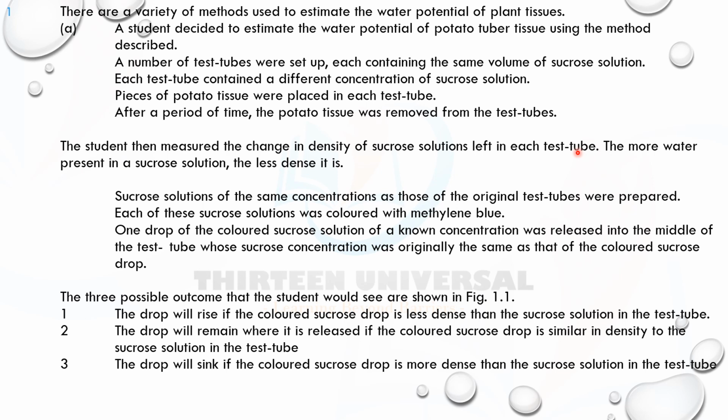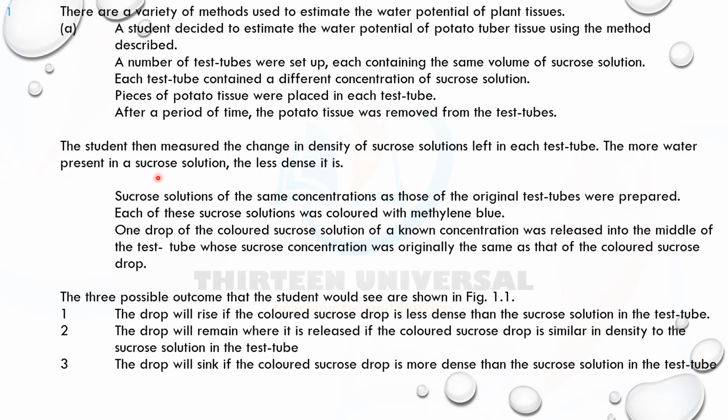So for each of those test tubes, they now determine the change in density, whether it increased or decreased. The more water present in a sucrose solution, the less dense it is.